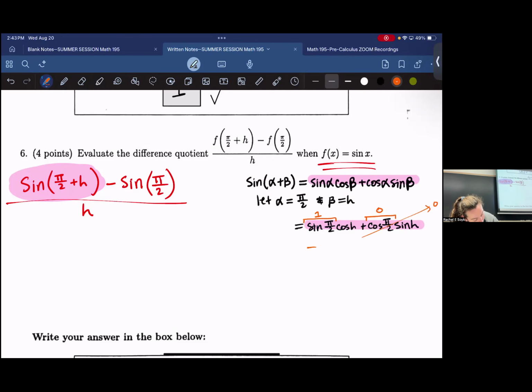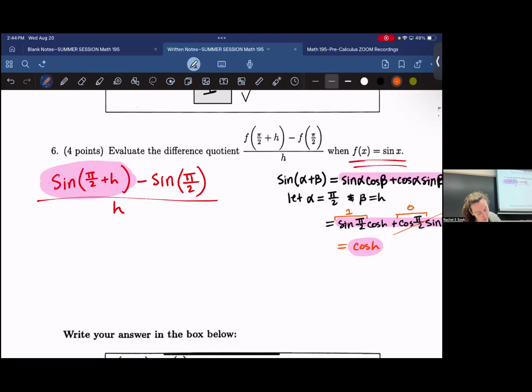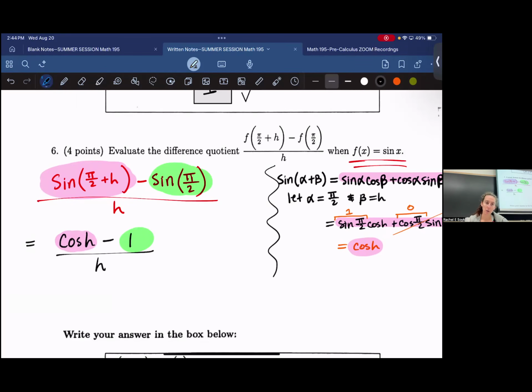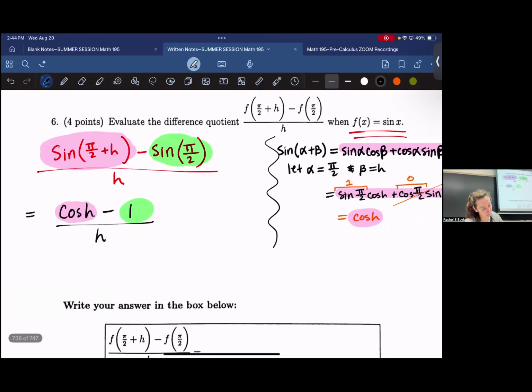So essentially, we're just left with a cosine of h. And now we can plug that back in over here. And we get cosine of h minus, what is sine of pi over 2? 1. All over h. This is our simplified form.